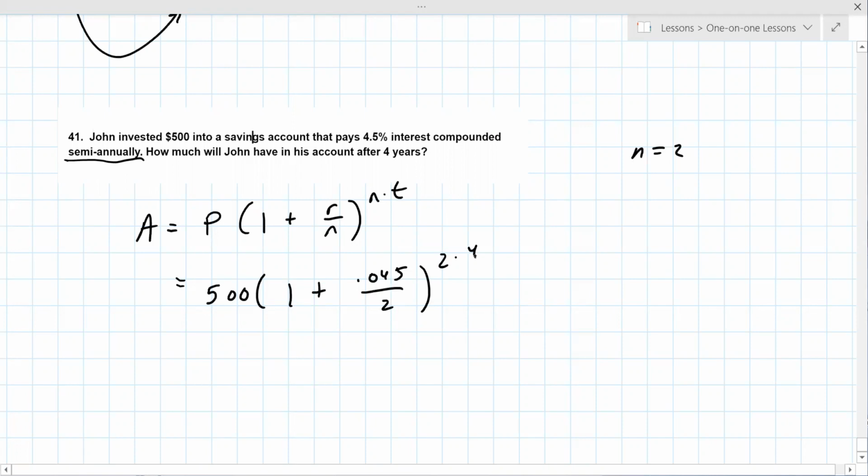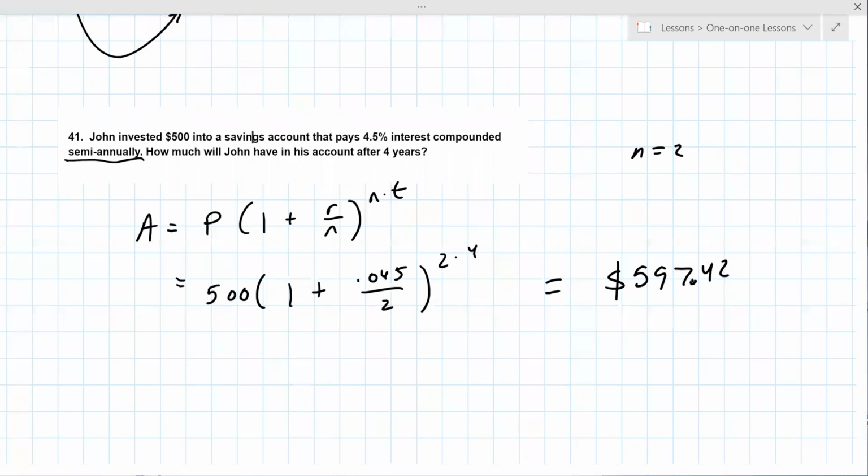Make sure you can do this because you won't have the answer key when you're taking the test. I got 597.42. Yep.